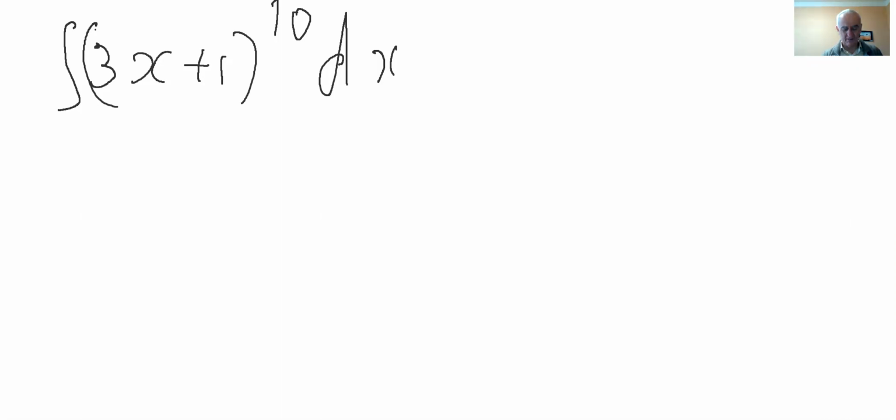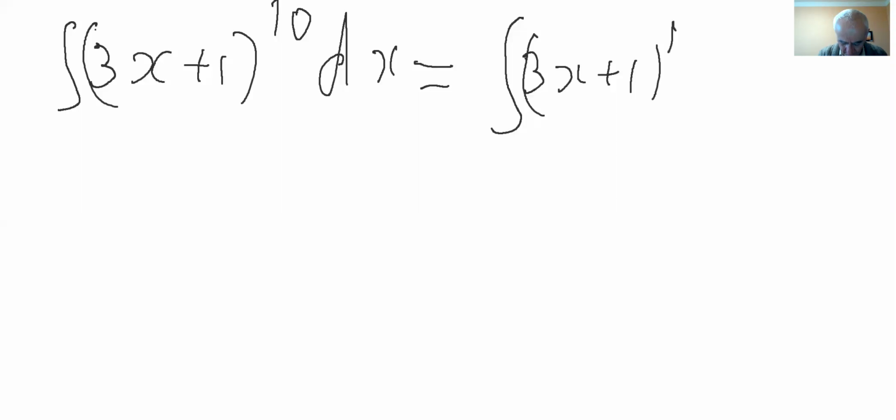Okay, the second one. It equals integral (3x plus 1) to power 10 d(3x plus 1). But now let's check. Is it true? Are they equal?